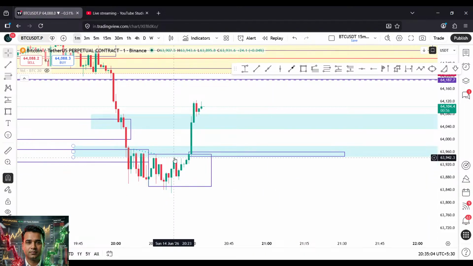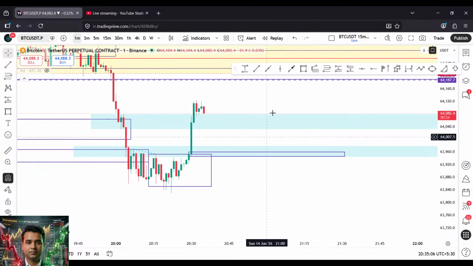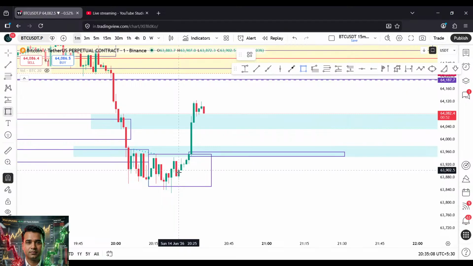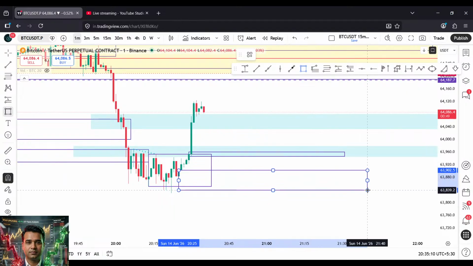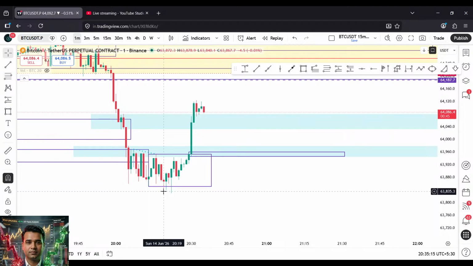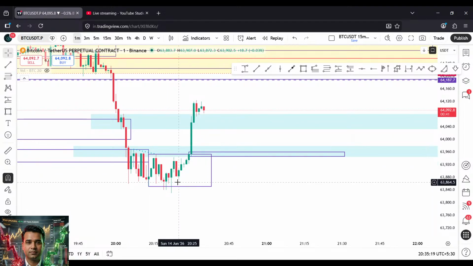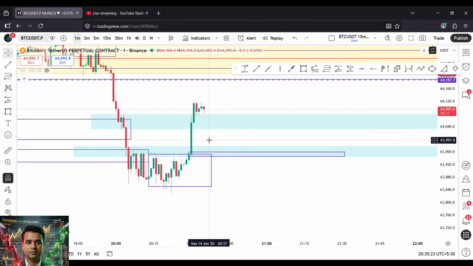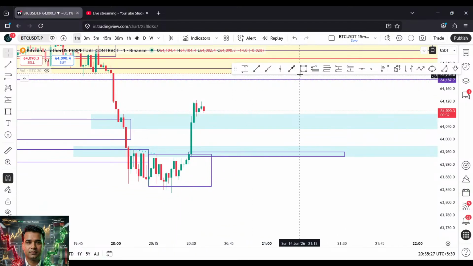DP will be somewhere around this point. Below this, the swap of this one is here, and this swap is here, but its DP is somewhere here. So there is a possibility that price may come down here as well. So we need to cover this area.